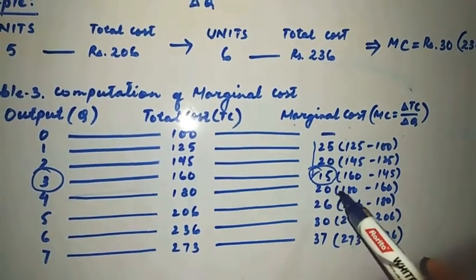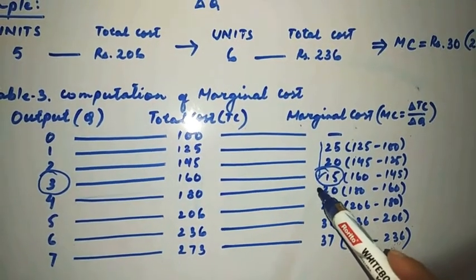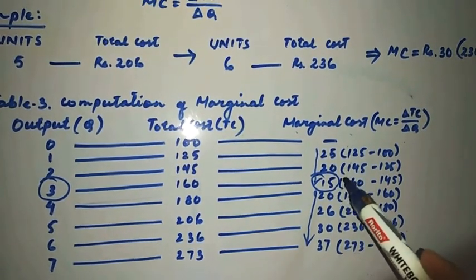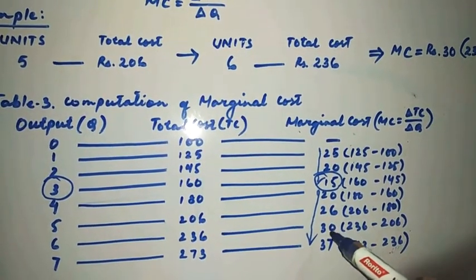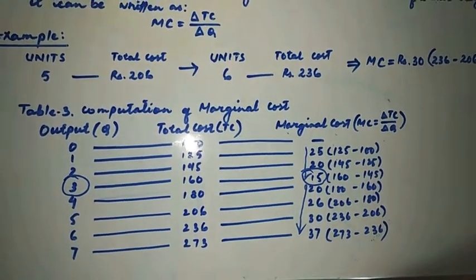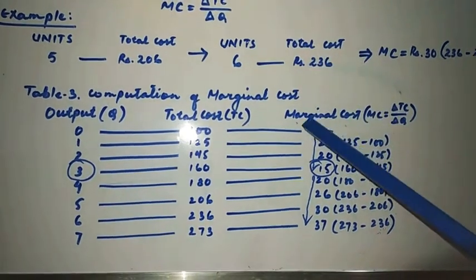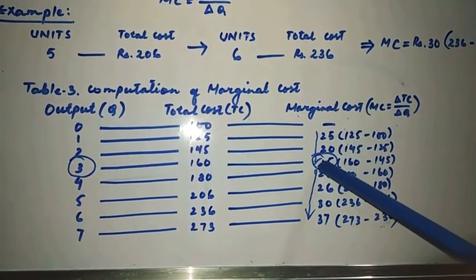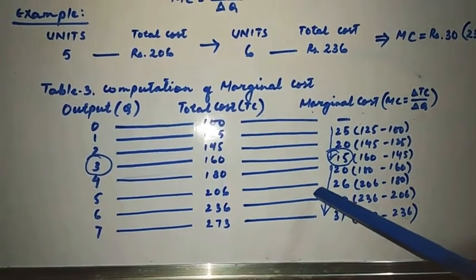After reaching this point, you will again see that the marginal cost begins to rise. So from 15 it has begun to rise to 20, 26, 30 and 37. So that is one property of marginal cost. Marginal cost declines, and then after reaching a minimum point, again it will begin to rise.